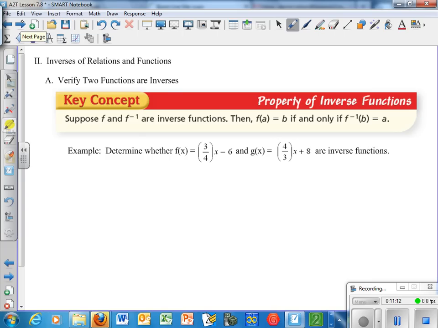All right. Now we're going to look at verifying, given two functions, okay, two different functions, we're going to see if they're inverses of each other.